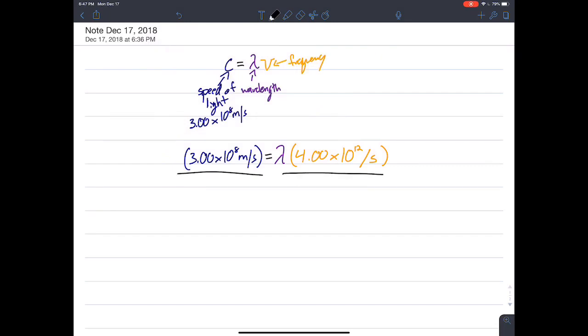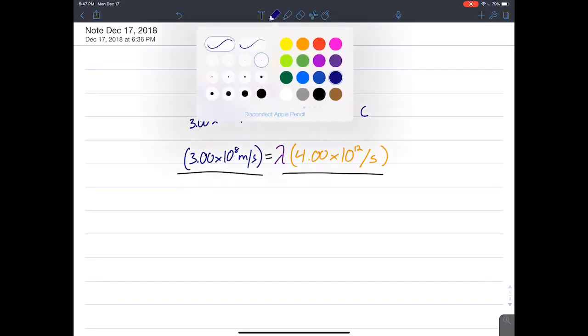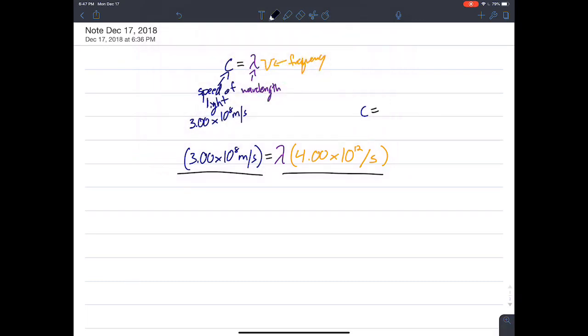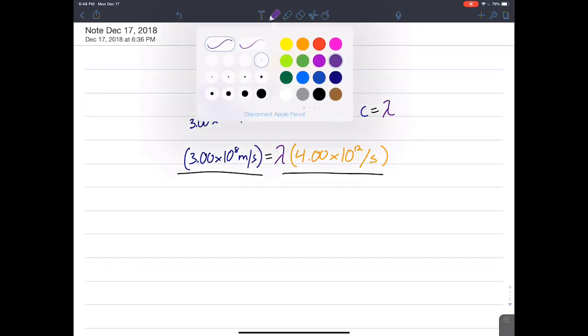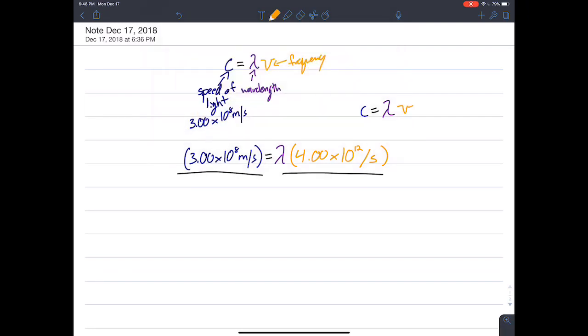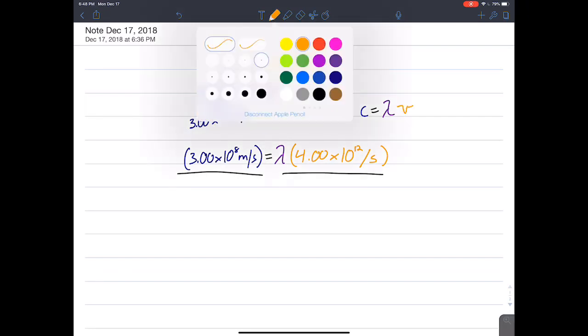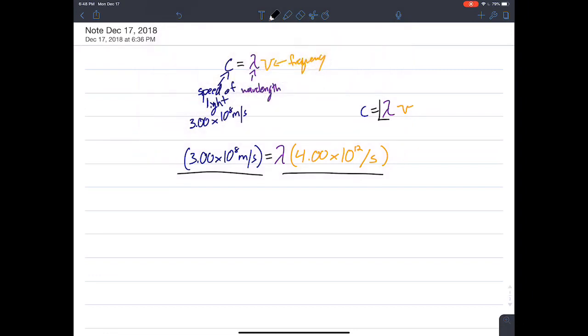So let me break this down even more simply. If we have our equation here, just the variables themselves, and you were trying to solve for wavelength, what would you do? So you're trying to solve for this one.